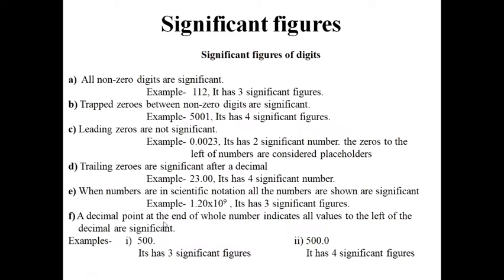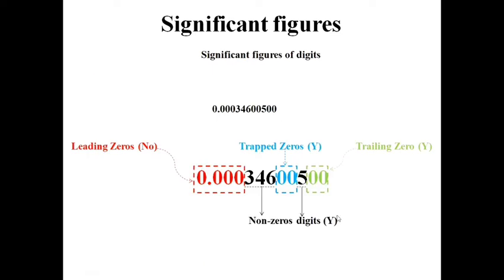And a decimal point at the end of a whole number indicates all the values to the left of the decimal are significant, like that. 500 has 3 significant figures and 500.0 has 4 significant figures. Here I am giving the example 0.000346050.